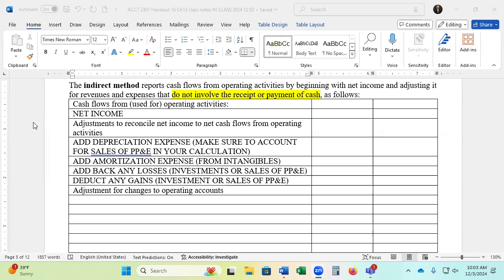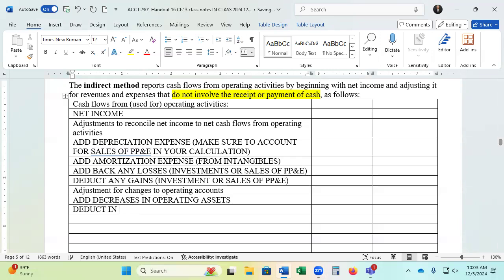So you have to look at the operating accounts and make adjustments for each change. You would add decreases in operating assets. You would deduct increases in operating assets.